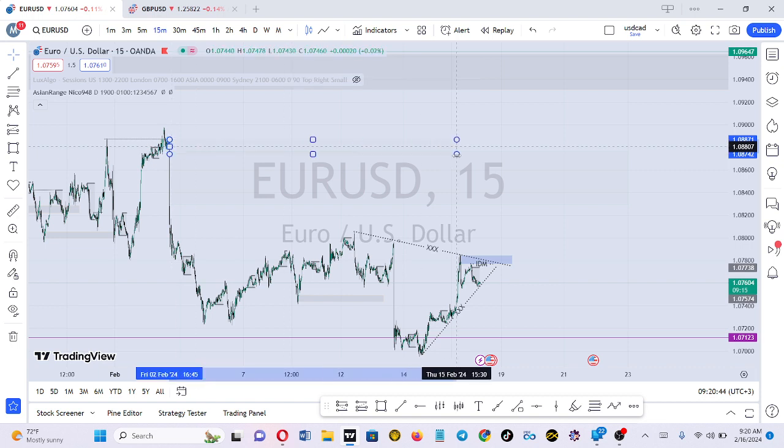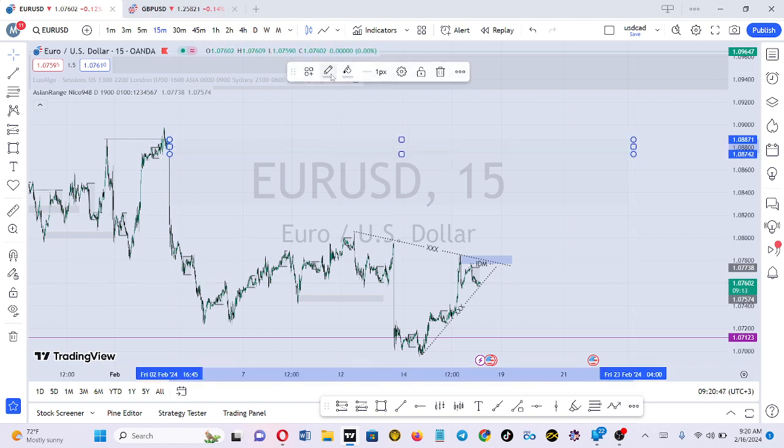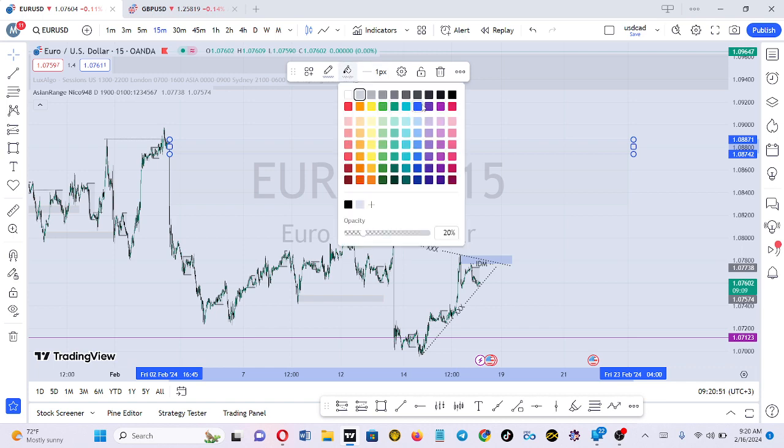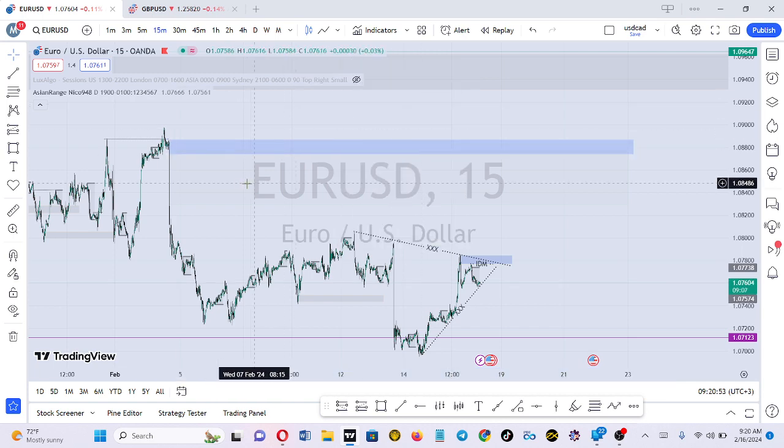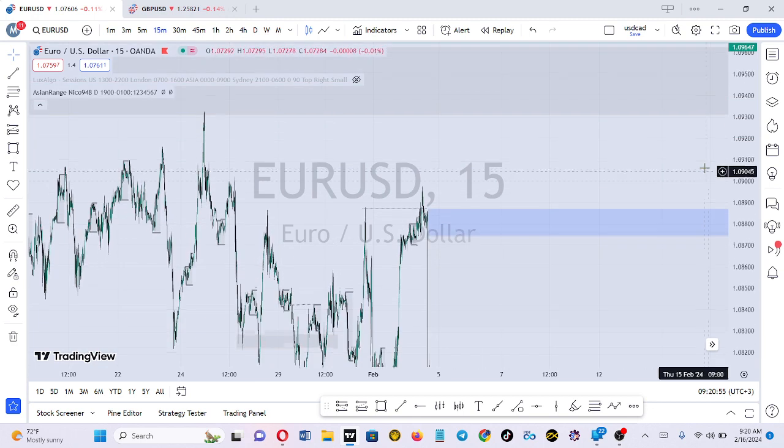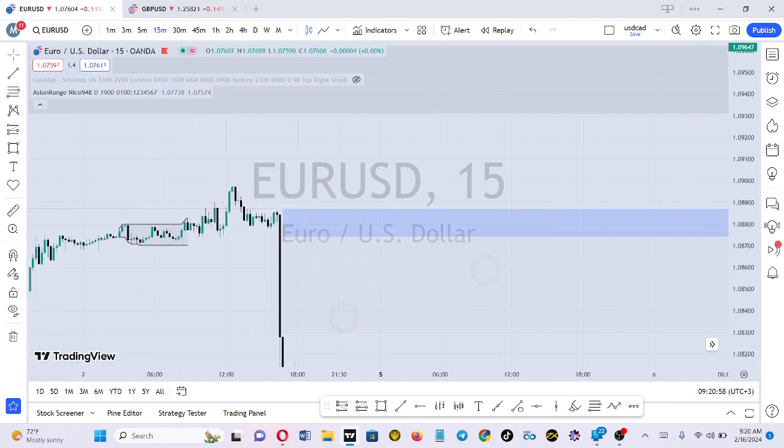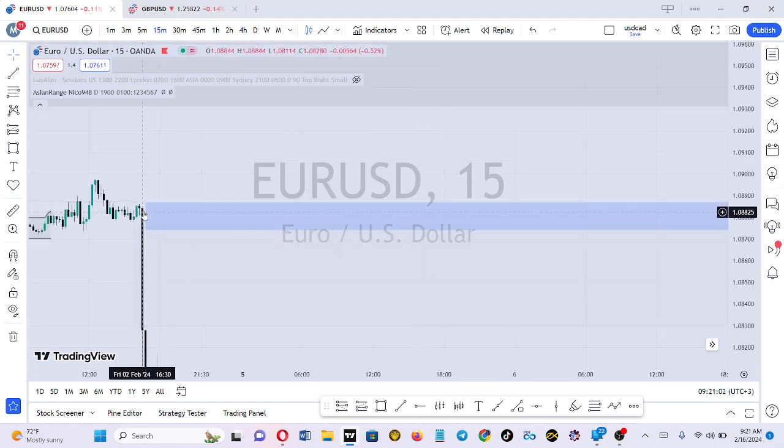We just have to monitor it closely. What I'm telling you is not financial advice, it's just an analysis. You just have to keep your eyes on it.